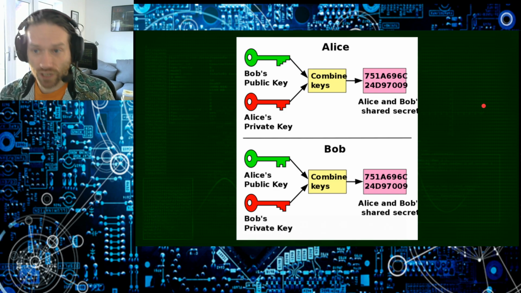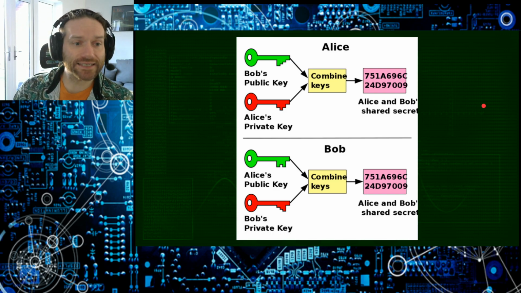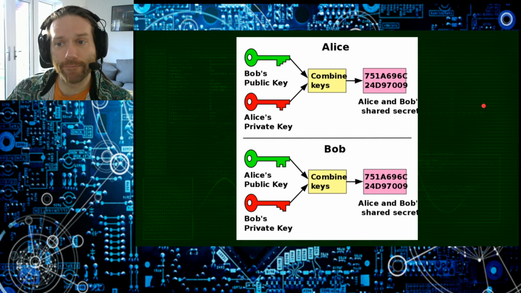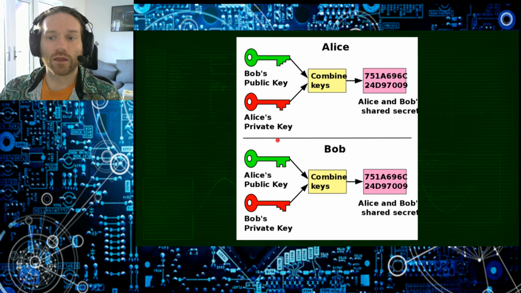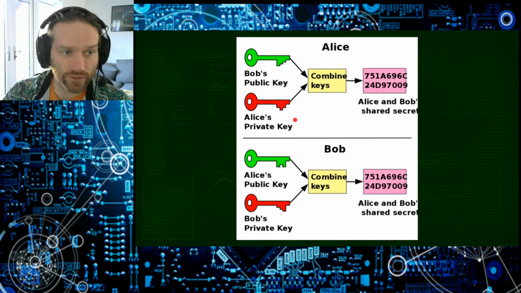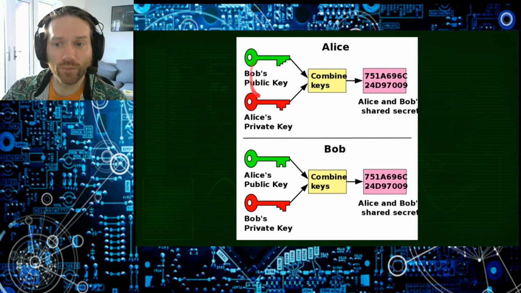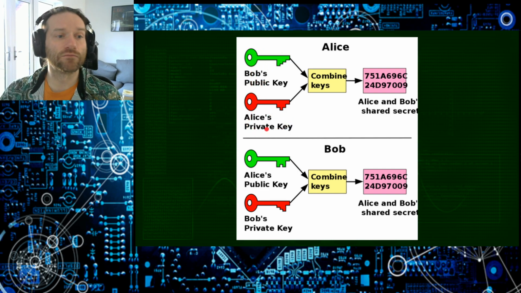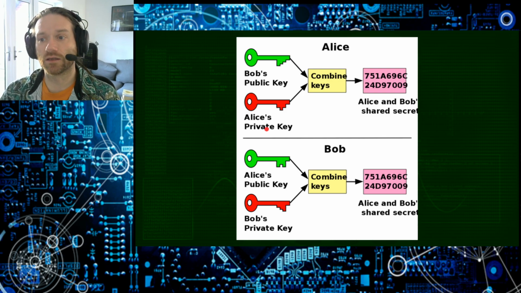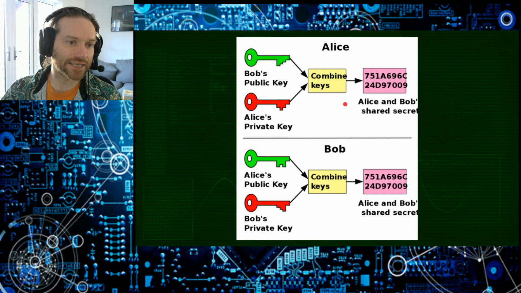Okay, so when Alice is sending a message to Bob, she will take her private key and Bob's public key and combine those keys to create what's called a shared secret.